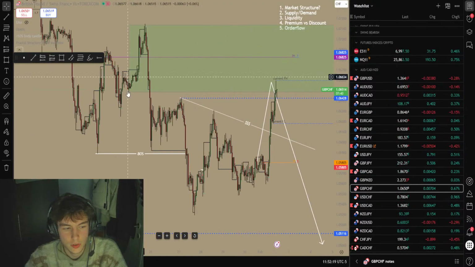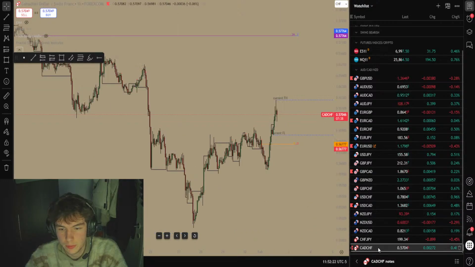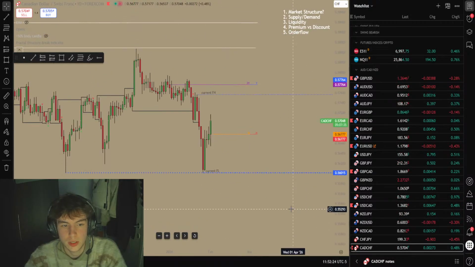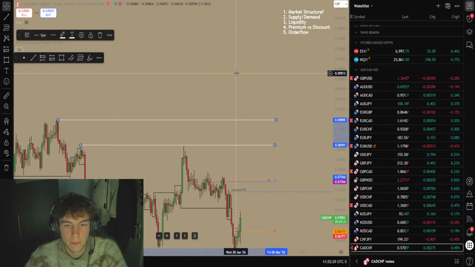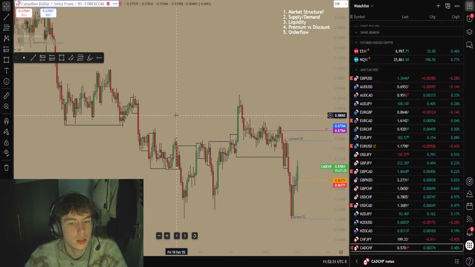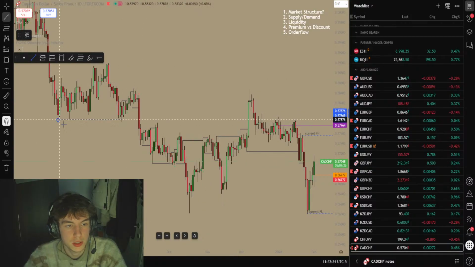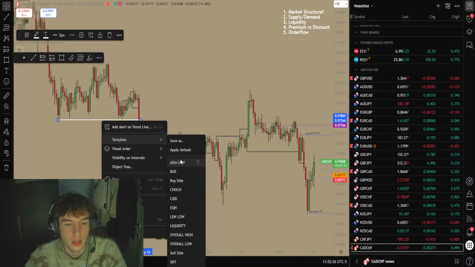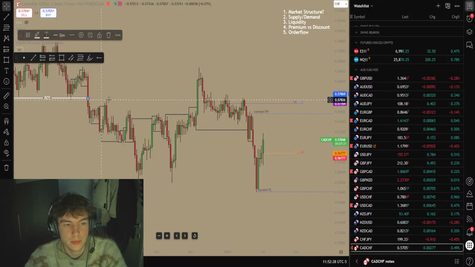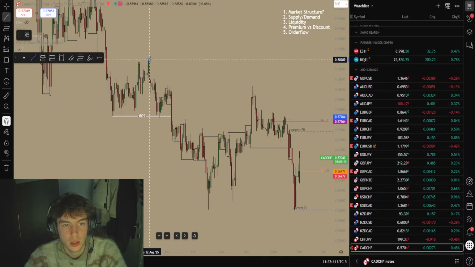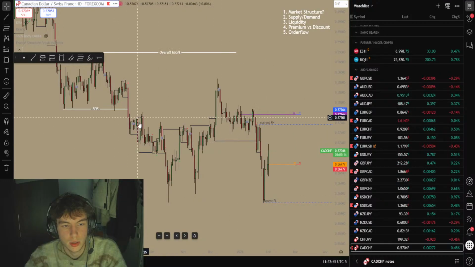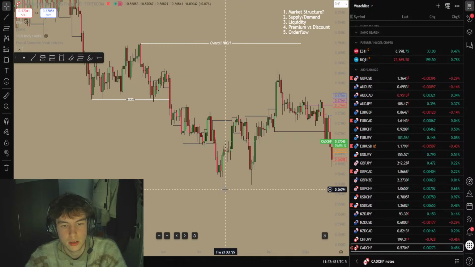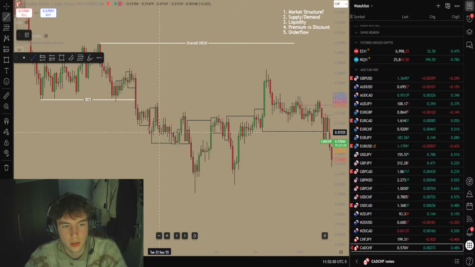As this was one of my picks, GBP CHF. Okay, GBP CHF. This is one of the most uninformed pairs I've seen to this day. Let's analyze this. We can see a break of structure. We have an overall high. And then this here, I don't count this as a break of structure, right?